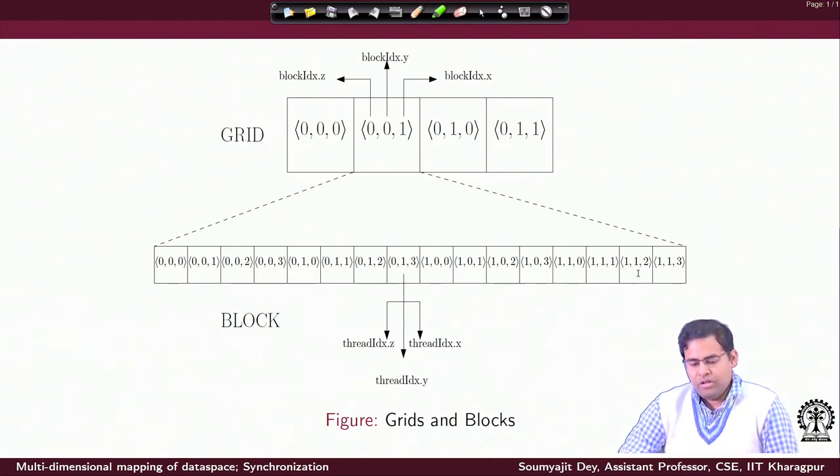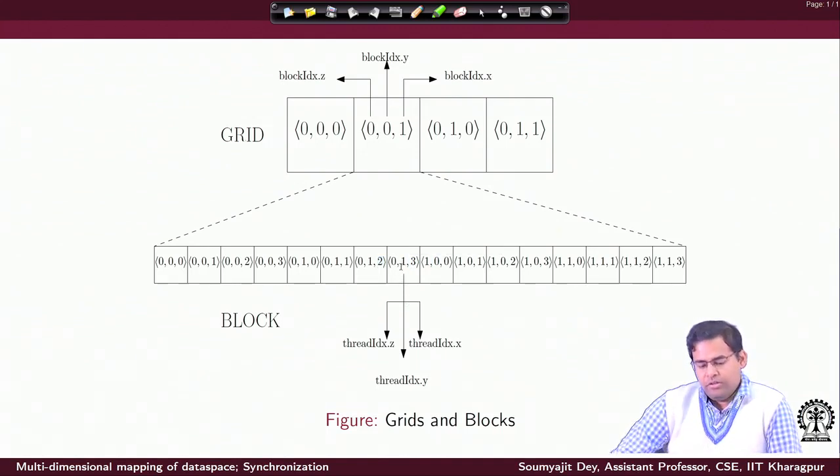So considering one block, inside that block all the threads would have index triplets arranged like this. If we specifically pick up one single thread, for example this thread, the system variables would assume values like this: the threadIDX.x variable would assume the value 3, threadIDX.y would assume the value 1, threadIDX.z would assume the value 0.